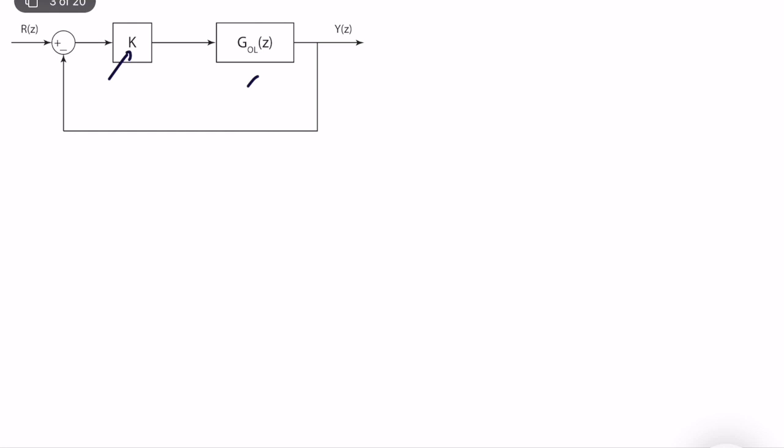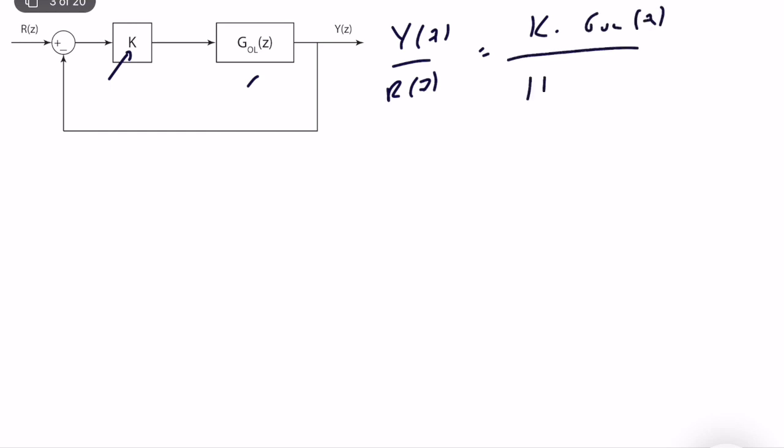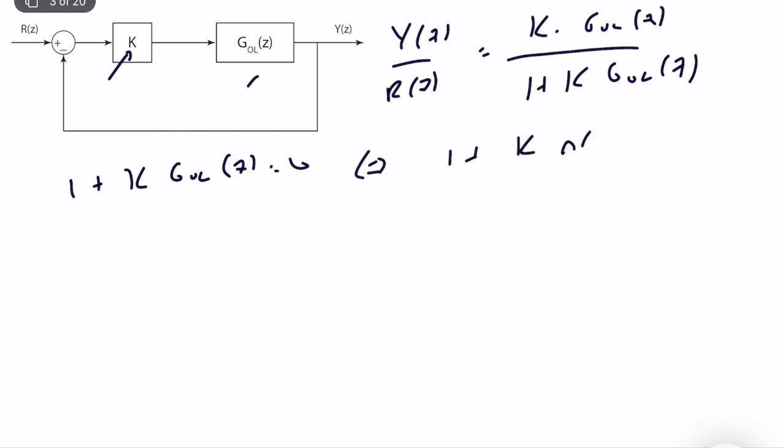Let's write the transfer function Y(z) divided by R(z), which is equal to k times GOL(z) divided by 1 plus k times GOL(z). The poles of the system are the ones which make the denominator equal to 0, or similarly, we can write it in this form: 1 plus k n(z) divided by d(z) is equal to 0.